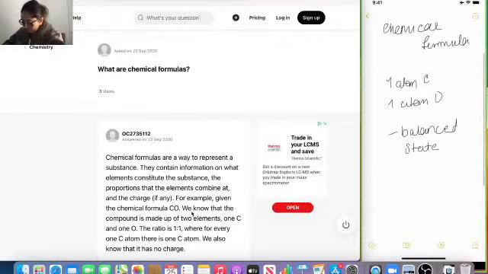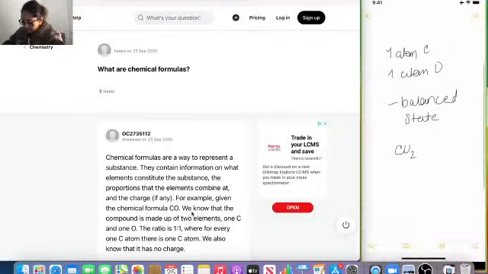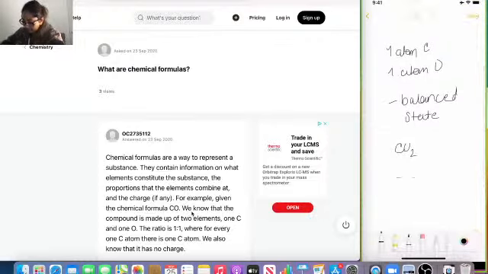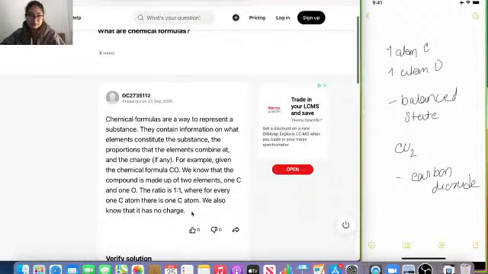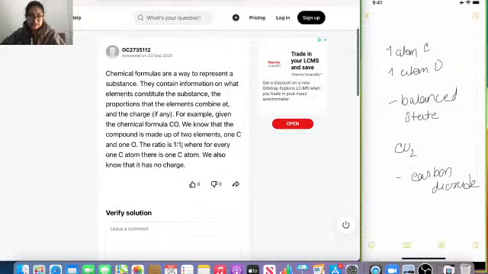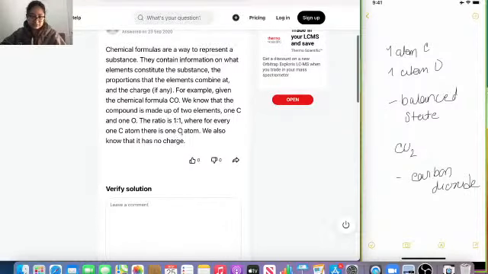If I had CO2, for example, this is carbon dioxide. So a chemical formula represents an element or compound in balanced equations. The ratio over here, they're saying that CO is 1:1, so for every carbon atom there is 1 oxygen atom.